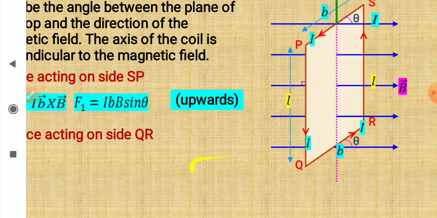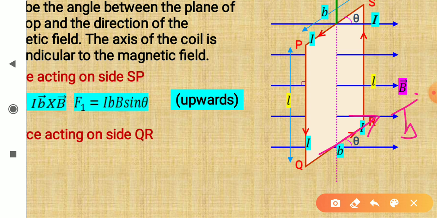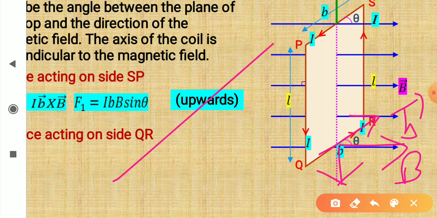Now look at this side QR, which is the opposite side, and now the direction of vector b is this one, direction of magnetic field B is this one, and when you take their cross product b cross B, then that will be directed downwards, using your right hand screw rule only.